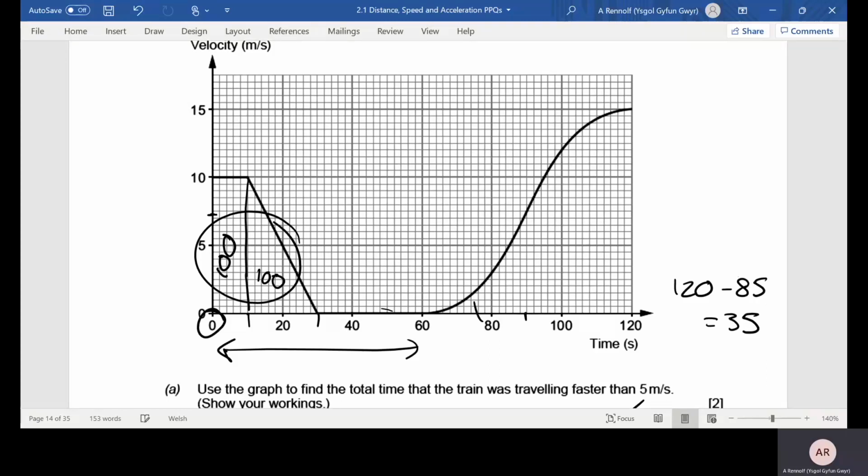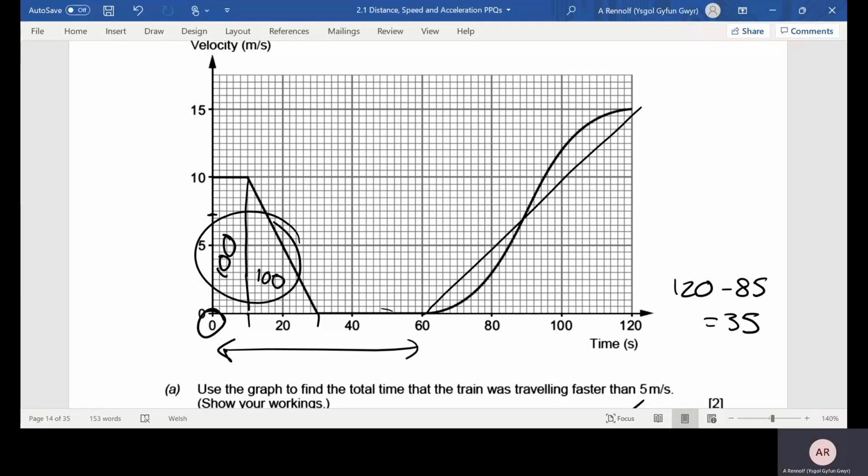Okay, how are we going to calculate the area under here? The question does say estimate. And so what we're going to do is, let's imagine that this is just a triangle, like that. I'll try and do that again and get it to go where I want. Oh, almost. No, that's not bad.